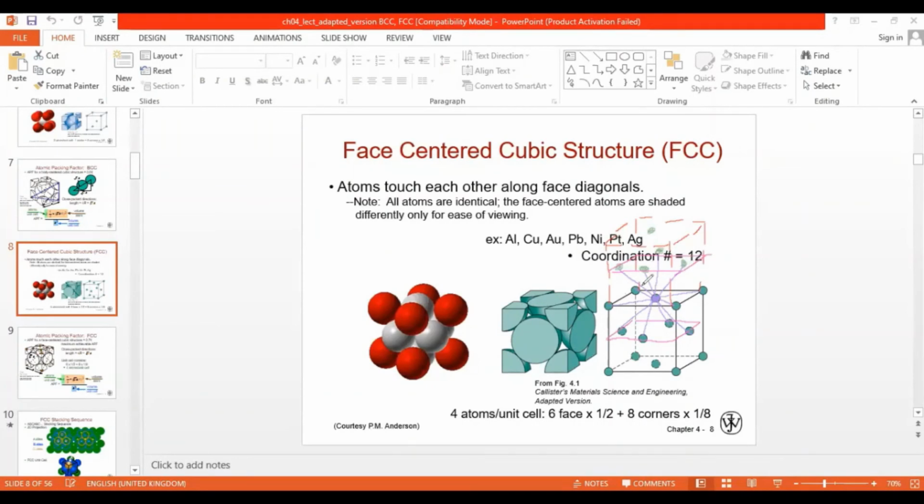That is totally 12. Any other atom than these 12 is far away. So if I take this one, for example, it is far from all these pink lines, right? Similarly, if I take this atom, it is far from all these pink lines. So this is how the coordination number is made: the nearest atoms to a certain particular atom.